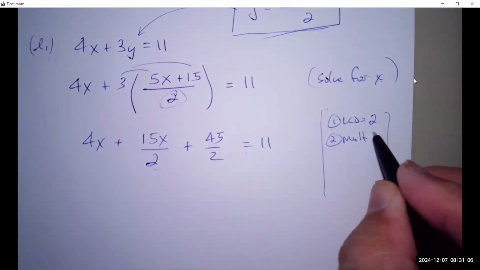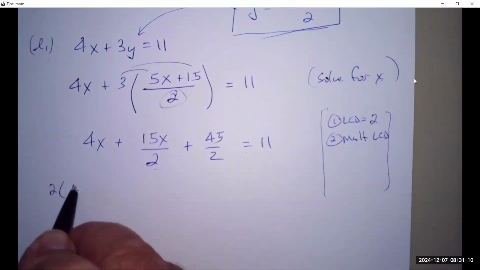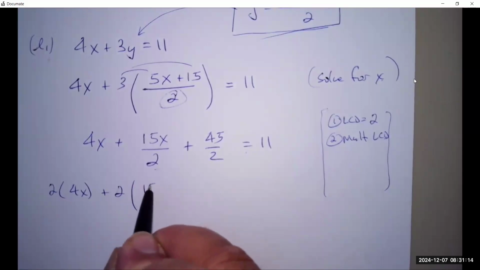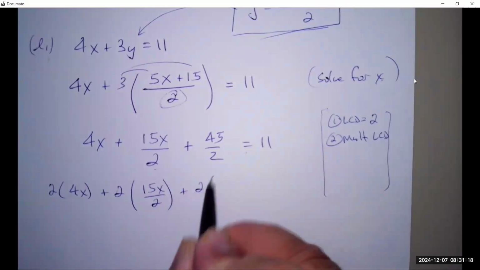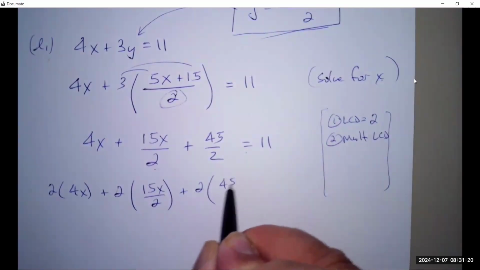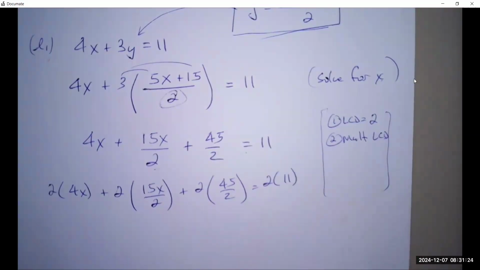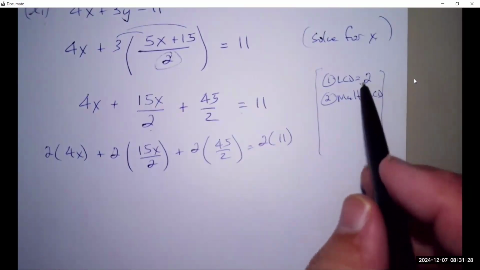Multiply each term by the LCD. So we have 2 times 4x, 2 times 15x over 2, 2 times 45 over 2, and 2 times 11. So we found the LCD, which is 2.